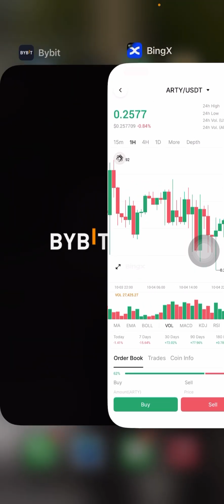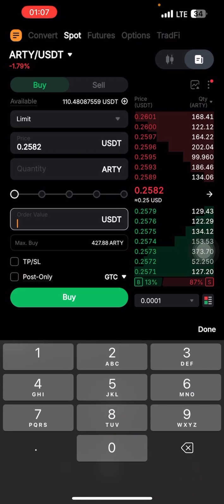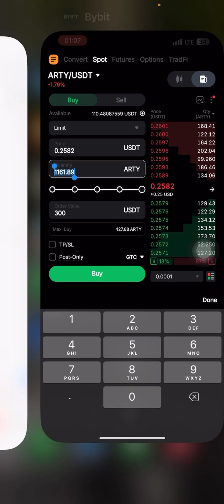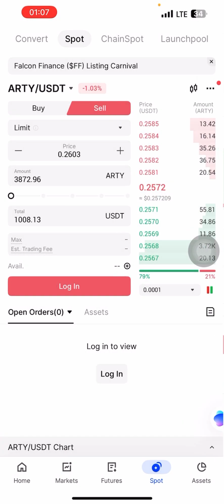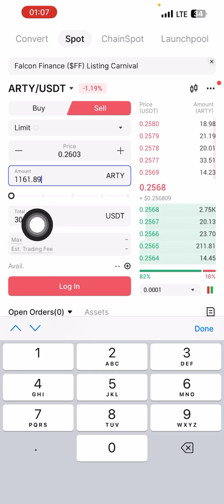And if you have small capital, like let's say if you have $10, or $300, you'll be getting $2 as your profit.